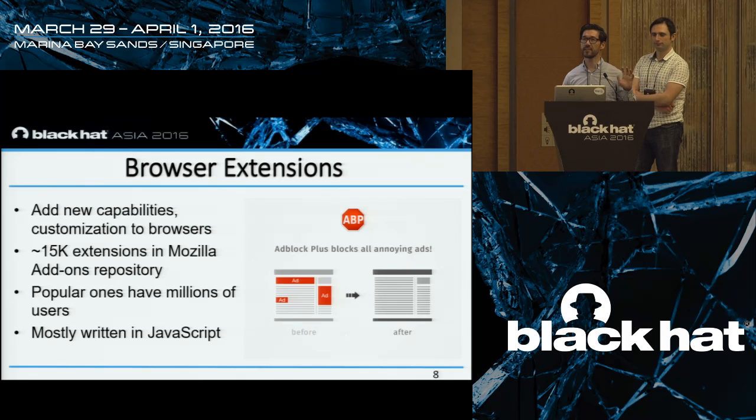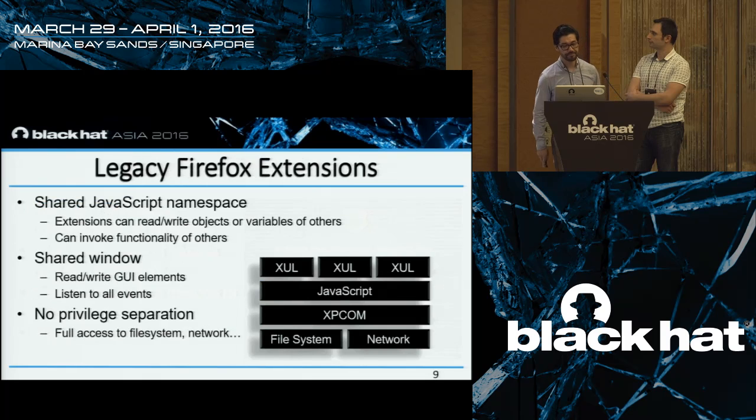There are cases where you can have components of these extensions developed in native code, such as C++, but by and large, most extensions are primarily written in code which both Mozilla and users could, in principle, manually inspect. So there's a lot of visibility into the inner workings of these extensions.